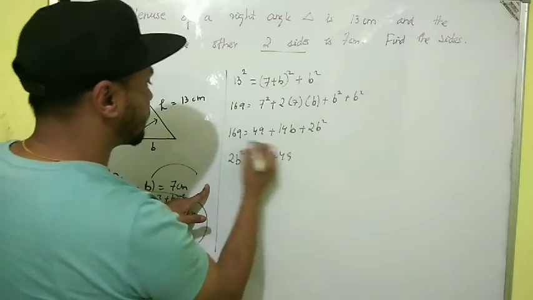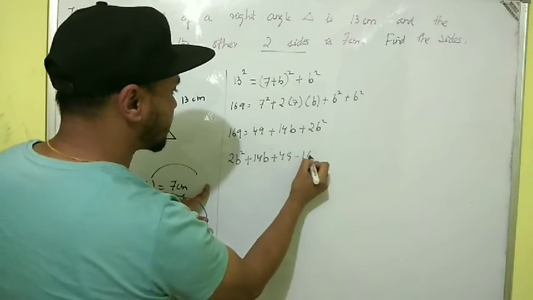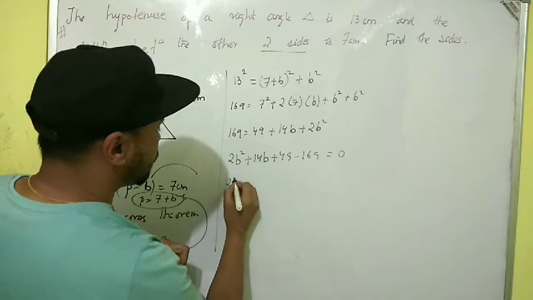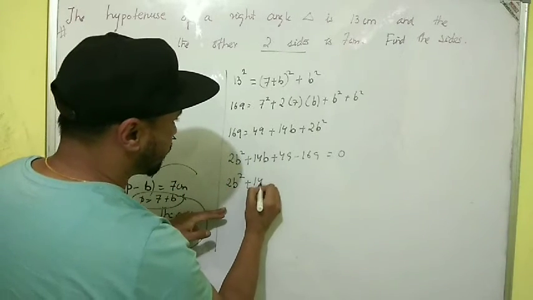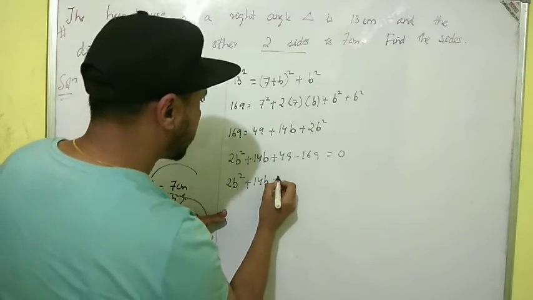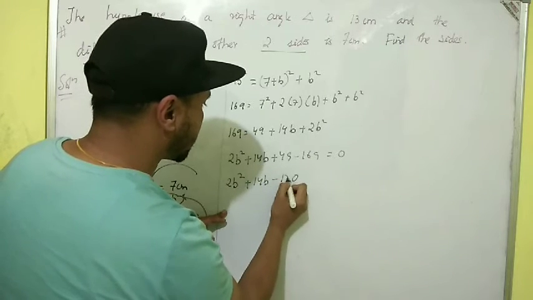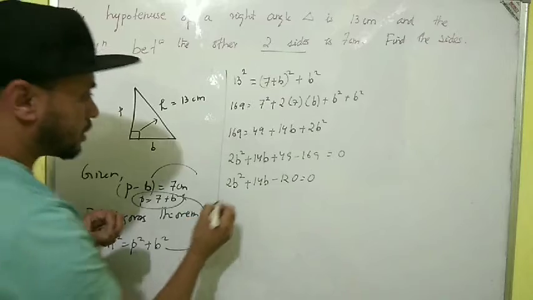Taking it to this side, it will be minus 169, so here it will be 0. So 2b square plus 14b minus, because 169 is greater, 120.